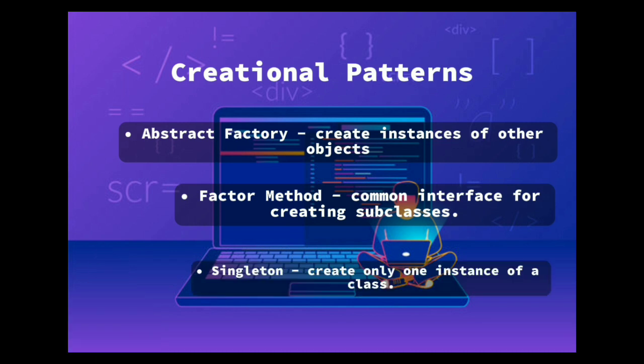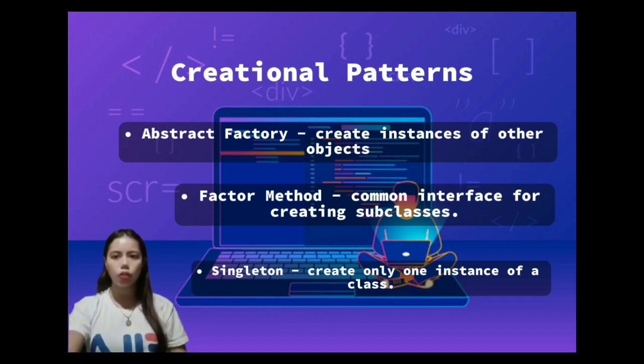franchise. Third is singleton. Create only one instance of a class. So, the singleton pattern ensures that a class has only one instance and provides a global point of access to it. So, example ani is ang ato ang program access files. So, ang atong access files is atong i-send sa mga users.